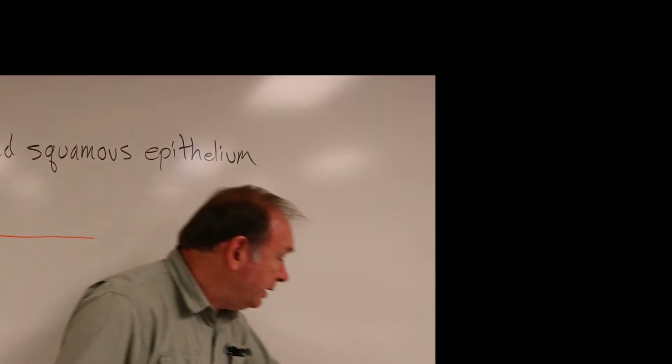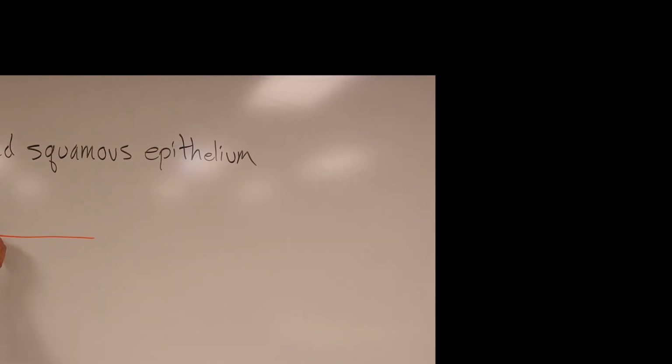Now for stratified squamous epithelium, we're going to again begin on a basement membrane, and on this basement membrane we will have cells, we'll outline in red here. At the base they will not be squamous, they'll be irregular shapes, rounded or nearly cuboidal in shape.